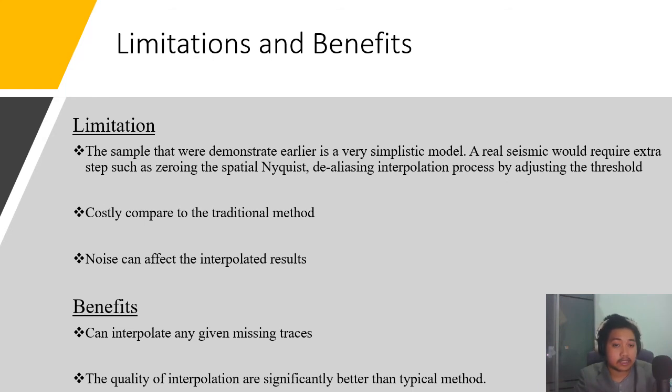The third is that noise can affect the interpolated result. The benefit of using this method is that we can interpolate any given missing traces. The second benefit is that the quality of the interpolation is significantly better than typical methods.